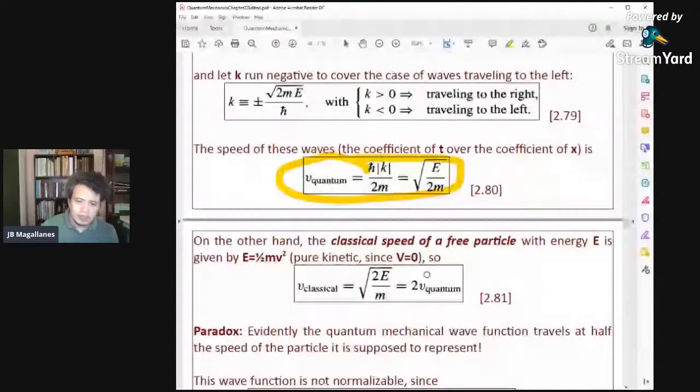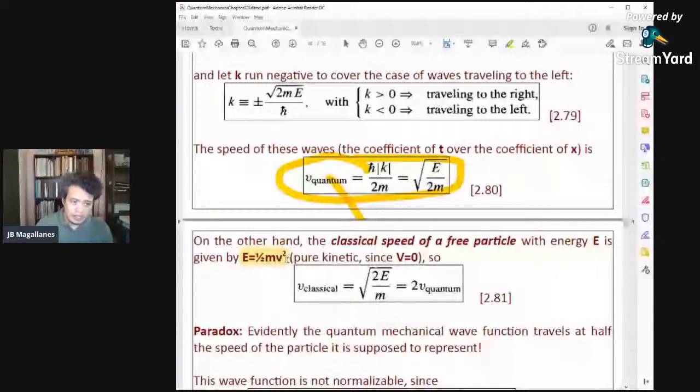Classically, the speed would have been the square root of 2E over m. This is twice the quantum speed here, because the classical equation would tell you that the energy of the particle is just 1/2 mv squared. That's the kinetic energy, because it isn't constrained by any potential anywhere.